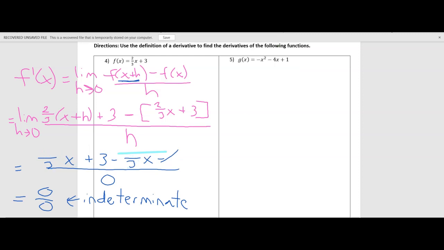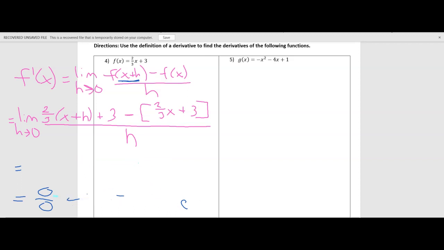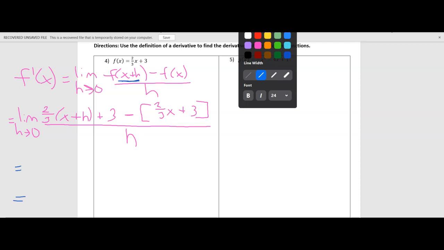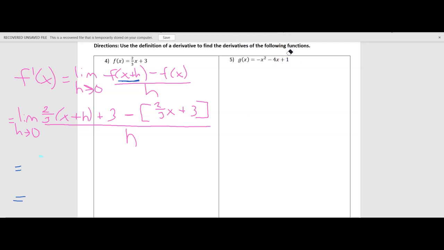So let's erase what we just did here. You guys can keep that on your paper. I just need the space. And I'm going to multiply out the 2/3 to the x and to the h. So I'm going to keep my limit. And I get 2/3 x plus 2/3 h plus 3 minus 2/3 x minus 3 all over h.